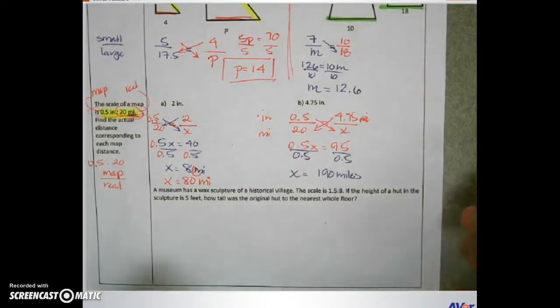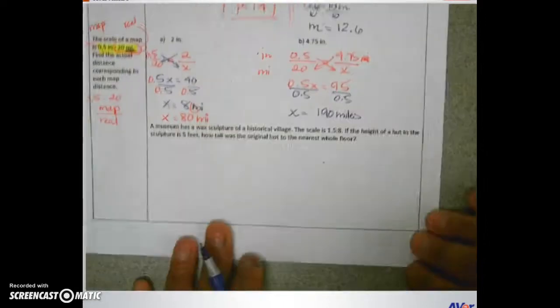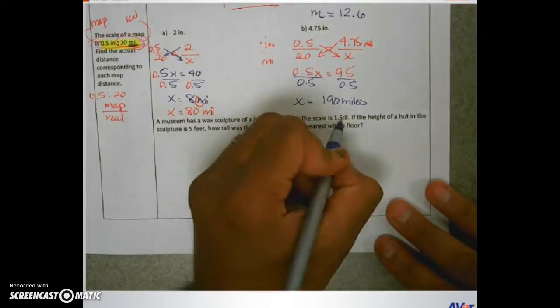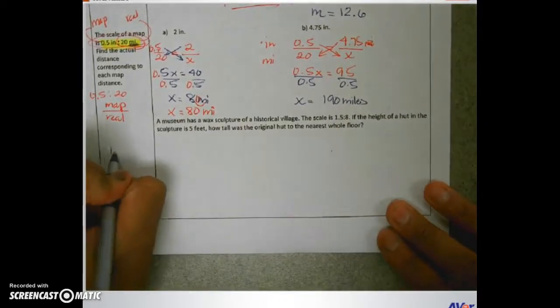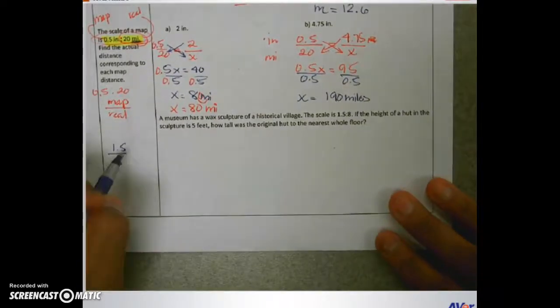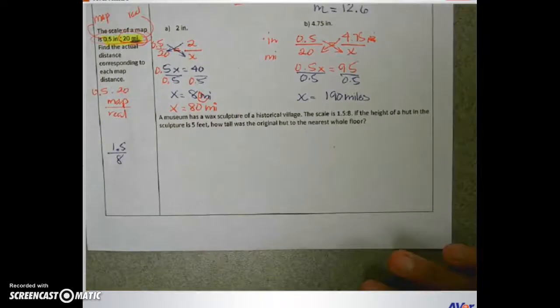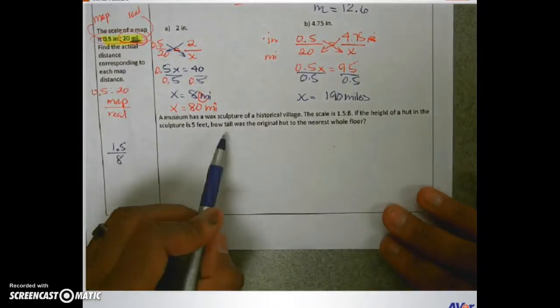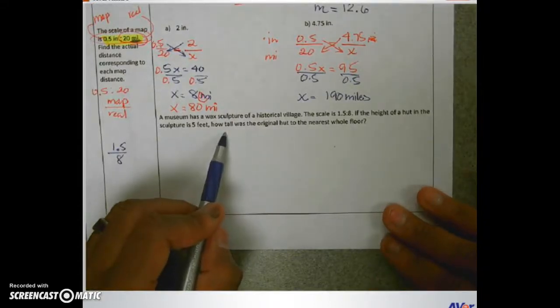Or am I? Okay. A museum has a wax sculpture of a historical village. The scale is 1.5 to 8. They are giving me the scale. This time I remembered my decimal point, so you don't have to get mad at me. If the height of a hut in the sculpture is 5 feet, how tall was the original hut to the nearest floor?